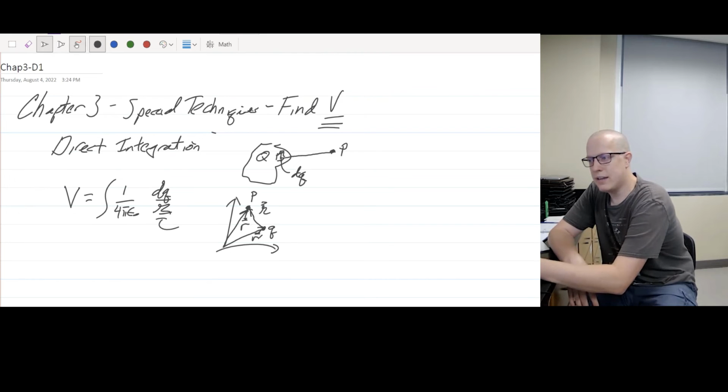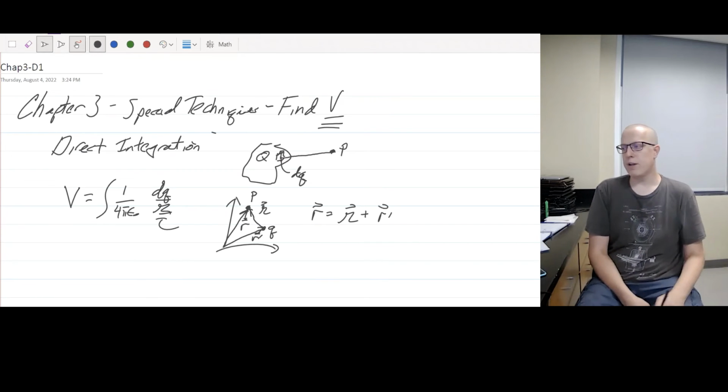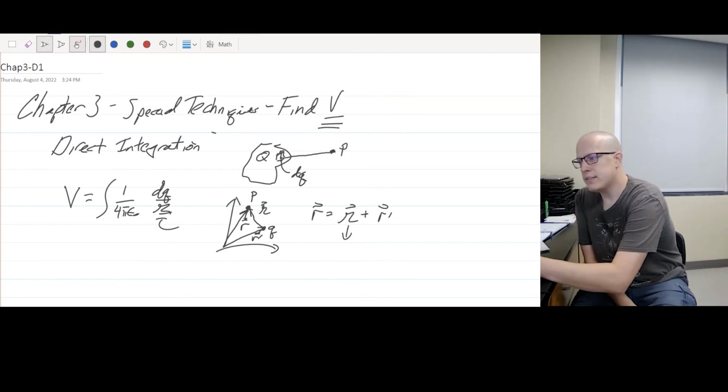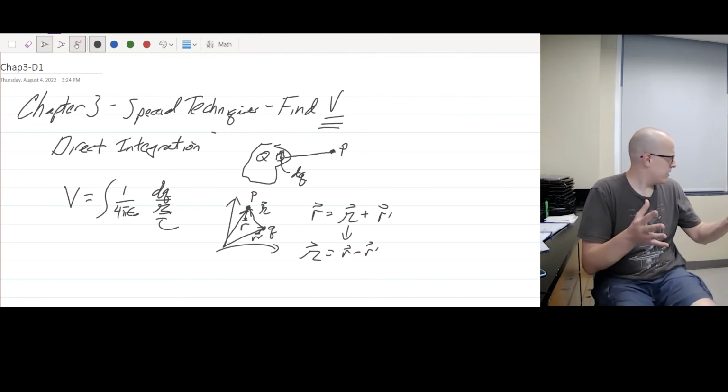R prime goes to the tail of script R, and then that goes to P. And so this tells me that my vector R is equal to script R plus R prime, right? That's a little vector addition there. And so all that tells me then is that script R is R minus R prime, right? You guys have mentioned that a little bit before.